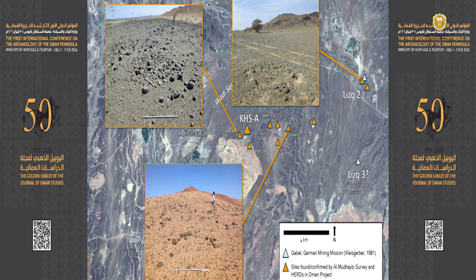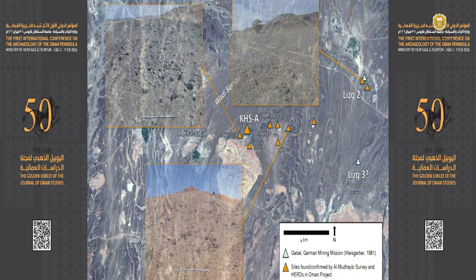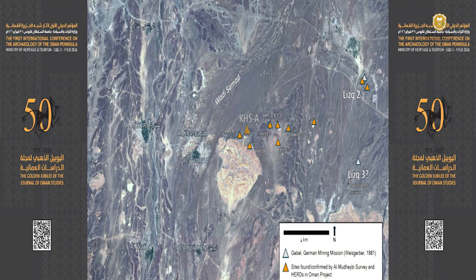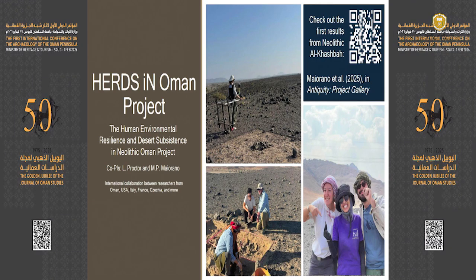The discovery of these large sites brought us to establish a new project with the specific goal of contextualizing the inland Neolithic phenomenon, especially questions related to subsistence, mobility, and adaptation to climate fluctuation.